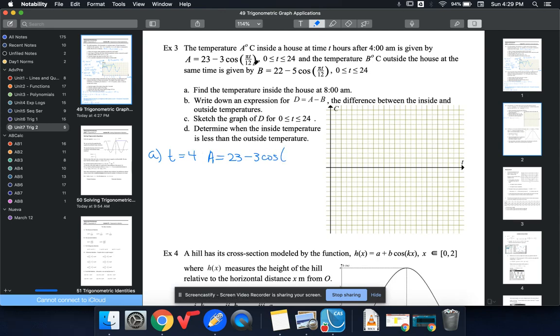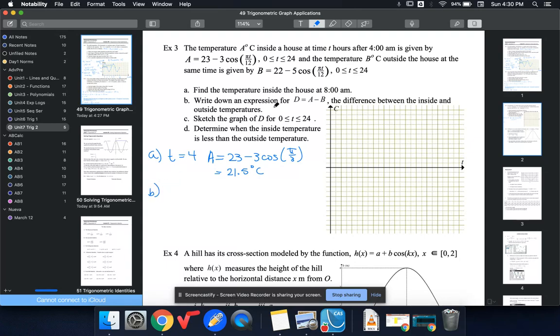If T is 4, then I'm going to get 4 pi over 12, which is pi over 3. Pi over 3 is my tall angle. Cosine is my adjacent side, so it's going to be short, so that's going to be a half. So A is going to be 23 minus 3 times a half, so 23 minus 1.5, which will be 21.5 degrees Celsius.